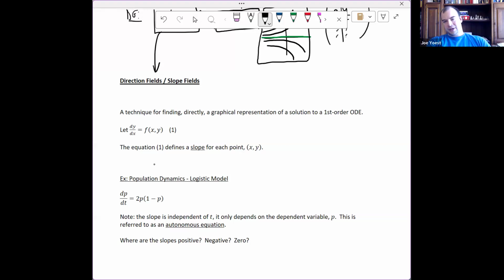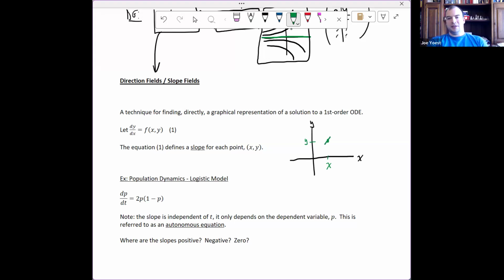Well, I have a coordinate plane, x y. It tells me at some point, maybe this point, x comma y, I can evaluate f there. What's f of x y? Maybe it's, say, positive 1.